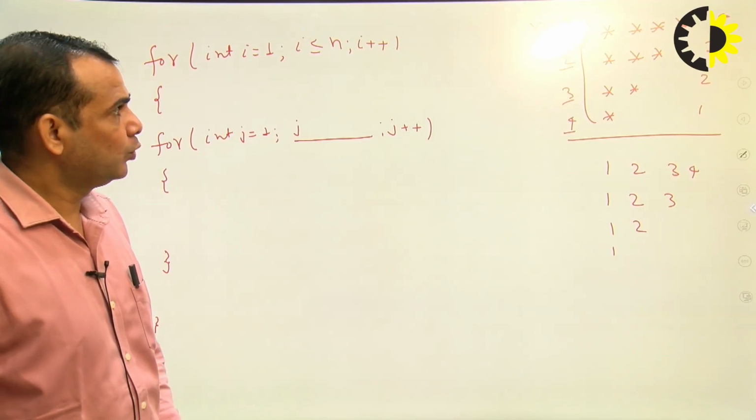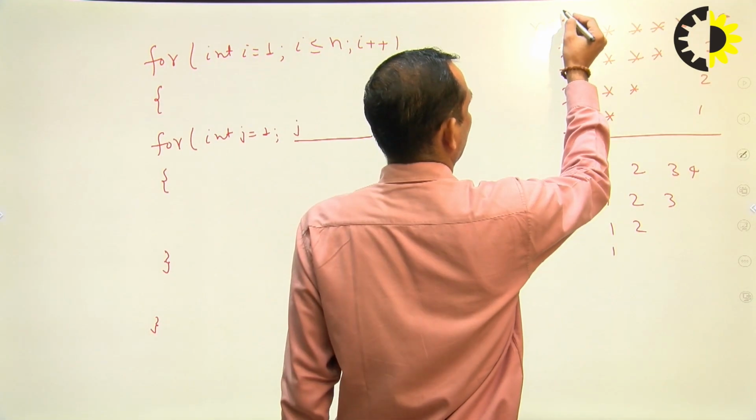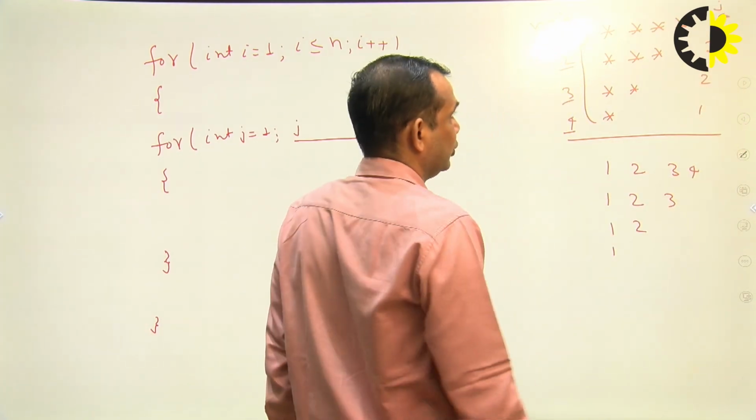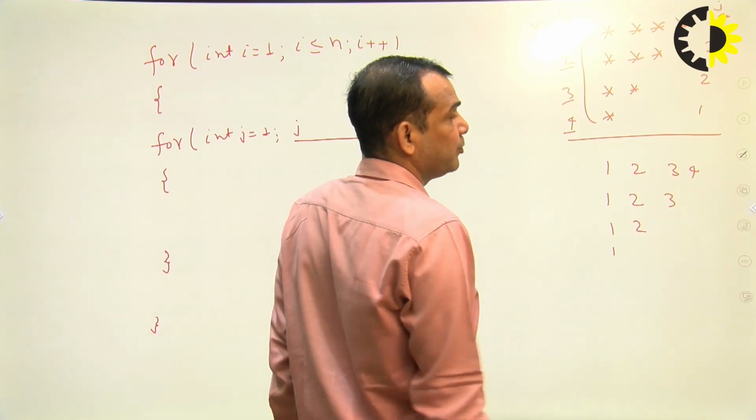So what is common, if this is the line number i and this is j, then i and j both values are different.